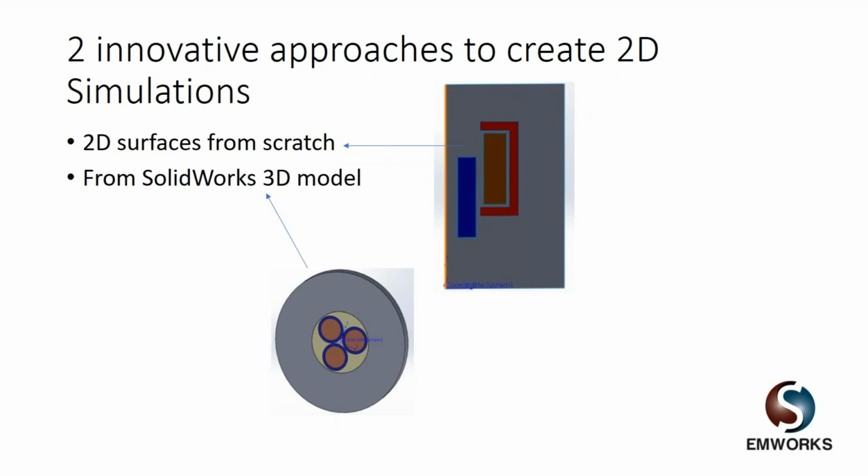As I mentioned earlier, we use two innovative approaches to create 2D simulations inside SolidWorks. The first, as you see here in the picture, is to create 2D surfaces in SolidWorks from scratch, and use those surfaces to do a 2D simulation, either an axisymmetric simulation, as in the solenoid linear actuator example here, or planar 2D symmetric problems, as in the cable down here.